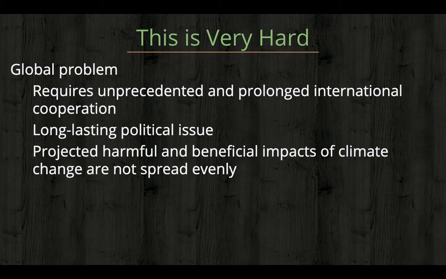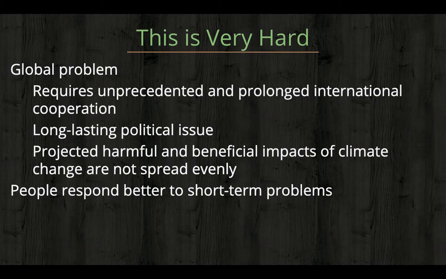But not only is it a global problem, there are also a few other reasons. People are just not very good at responding to long-term problems. We don't act until it's a little bit too late or we can see the effects. For instance, coronavirus, we talked about it back in January. We said it was exponential, it was going to get bad.